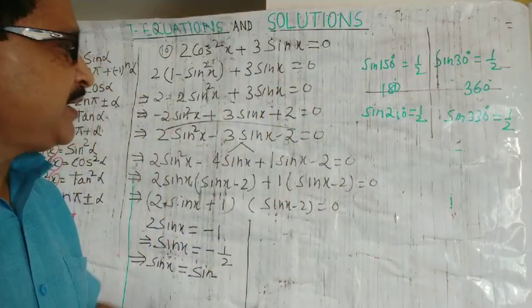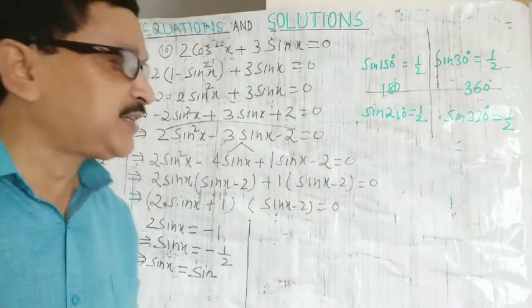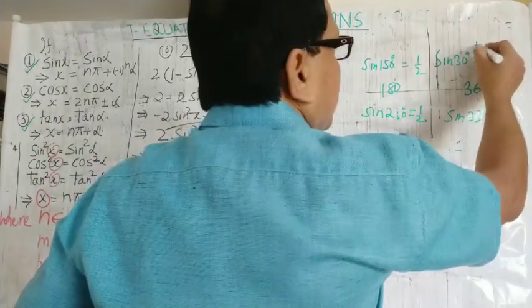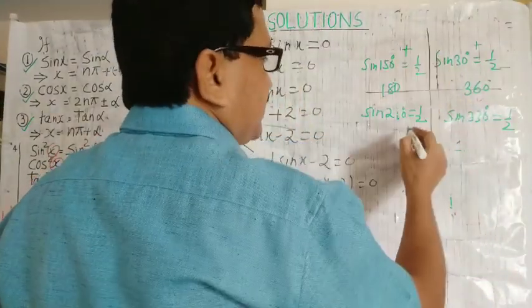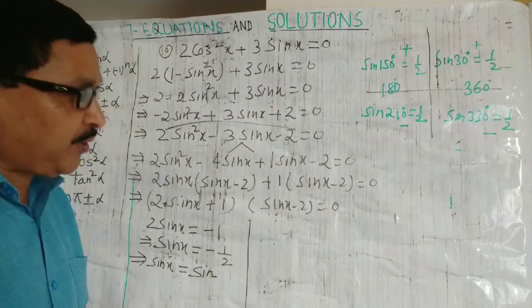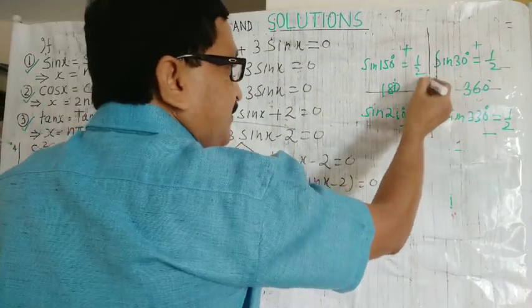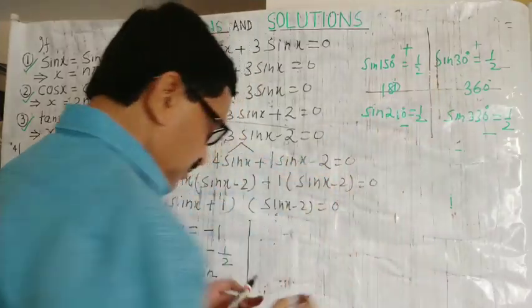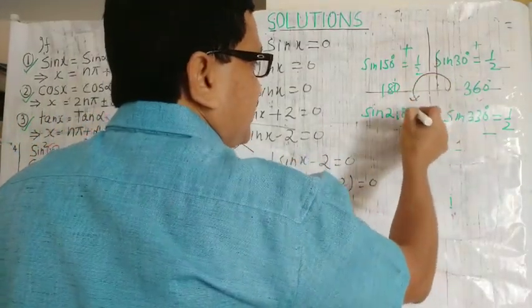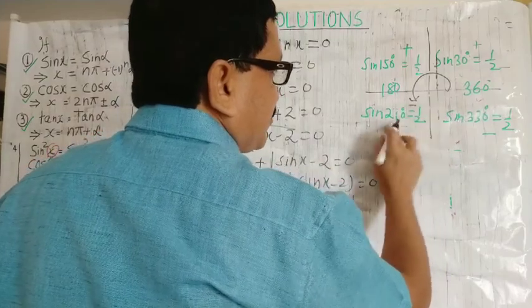But remember that the quadrant control is necessary. All students take copy, all positive. This is positive, sine positive, tan negative and cos negative. So we have to select the first one from this, in the positive direction. So this is being selected, minus 1 by 2.